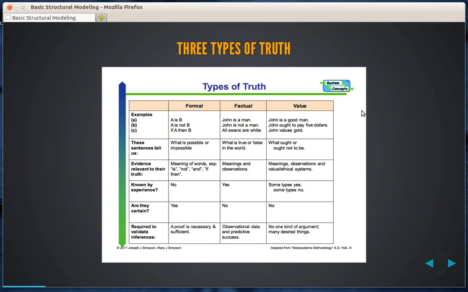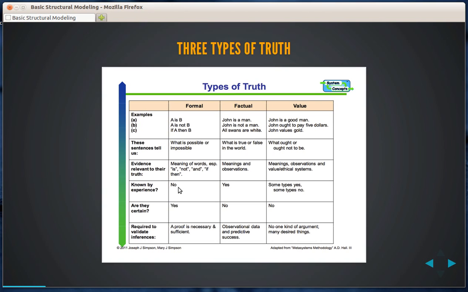Here's a little bit more discussion about the types of truth. And basically, here are some examples. So formal truth, basically in this column, factual truth, and value truth. And here are some examples: A is B, John is a man, John is a good man. These are all statements in different forms of truth. And what is really interesting is, are they known by experience?